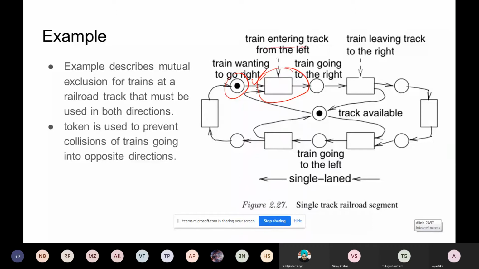Then this event occurs. This rectangular box we use for realizing events. So this is one event occurring, a train entering the track from the left. So this is one state, this is one event, and based on this event, this token is moving here or here.